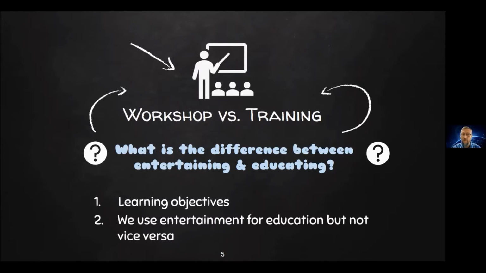We're trying to transfer something to the students. In entertainment, we're transferring fun perhaps, and there may be learning, but it's not the objective. The second point is that we do use entertainment for education, but they're not the same thing. We're doing it for a purpose, aren't we? And the purpose is the objective.